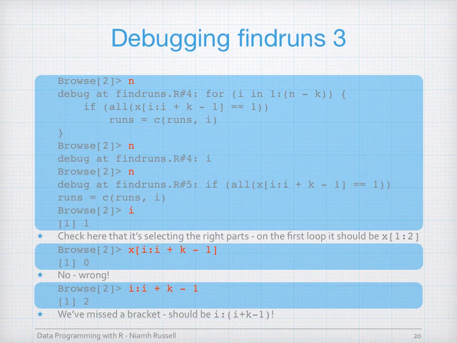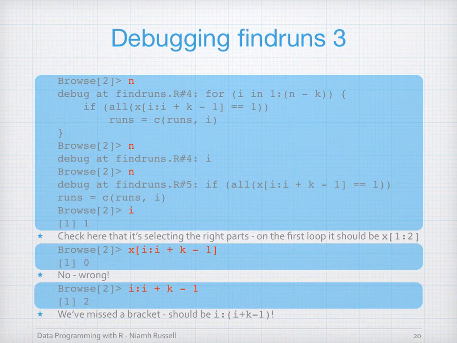In this particular case, for the vector that we passed in, x 1 to 2 should be 1, 0. So here, if we browse x from i to i plus k minus 1, we'd expect that to be equal to 1, 0. But look, it's not that, so that's wrong.